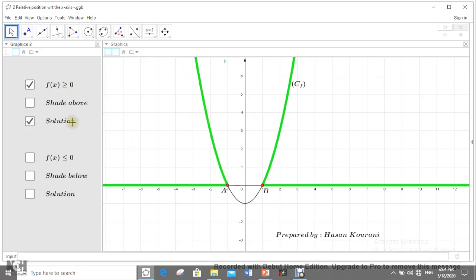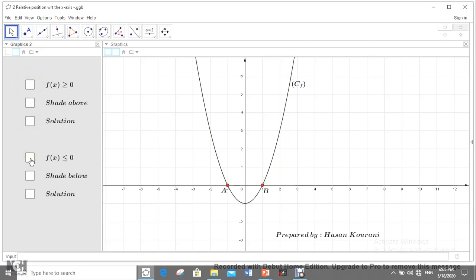Similarly here, the solution will be the interval from -infinity till -1, closed at -1, union 1 closed till plus infinity. This is the solution of this inequality.